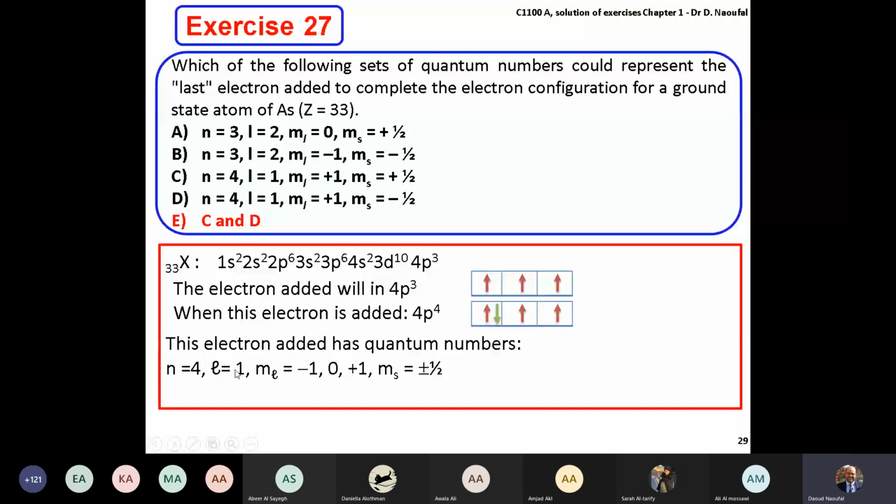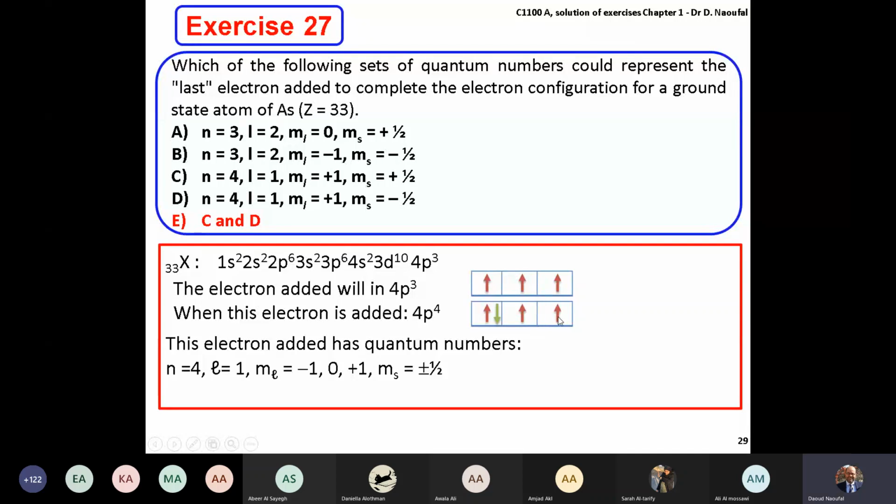For l equal 1, what are the possible values of ml? ml is between minus l and plus l, so minus 1, 0, plus 1, and the value of the spin is plus half or minus half. Can this electron be added in the second box? Yes.